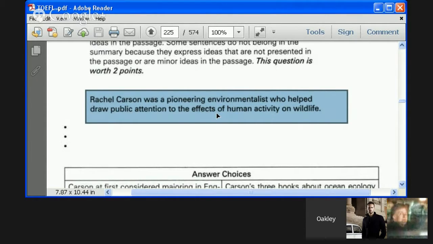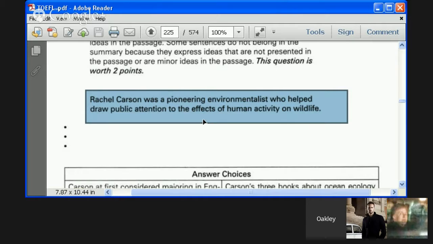Never mind that they tell you they're referring to the whole article. Forget about that. I think that's a trick. What you really want to do is closely match your answer choices. They must have the same aspects as this sentence here, which they give you.